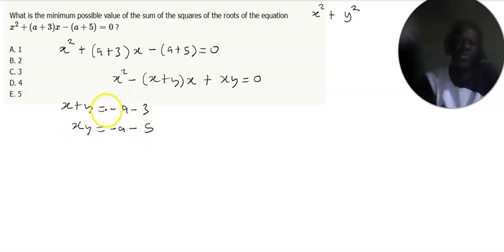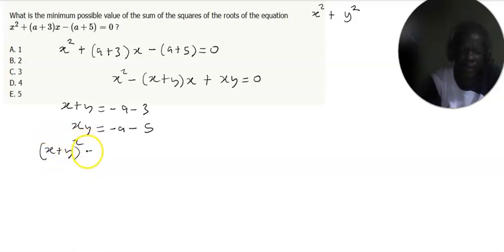Now what we need to do is to manipulate this into the form x squared plus y squared. How do we go about that? It is by squaring the equation. So this becomes (x plus y) squared equals (minus a minus 3) squared.